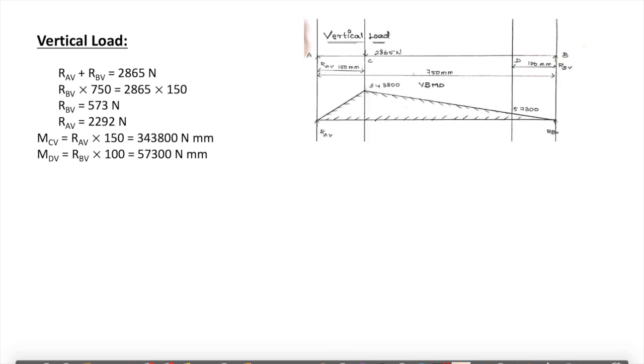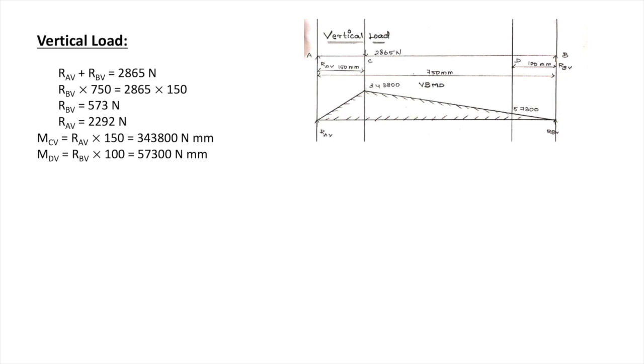We have two reactions which are equal to 2865 Newton, and then choosing a point A, multiplying the distances, and finding out the RBV, which is vertical, RAV again vertical, and then ultimately finding out the moment acting at C with the vertical load and acting at D, which is the pinion vertical load. As I said before, the vertical moment will be higher for the gear and the horizontal moment will be higher for the pinion, because that is what they do.